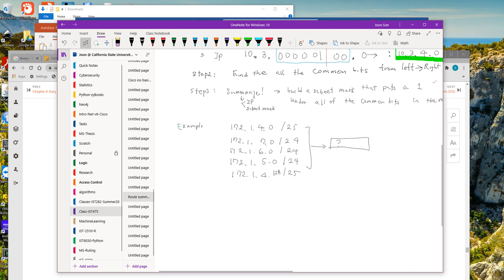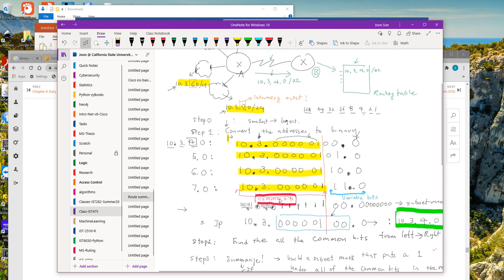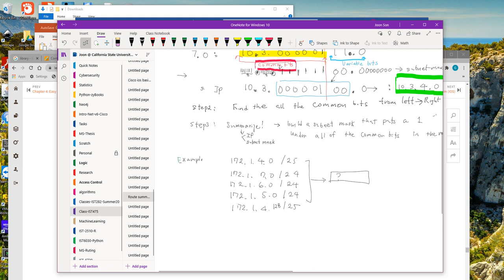Okay, so if you look at these IP addresses, maybe I should add one more step: to do this you have to find the interesting octets. That way you don't have to convert all of the IP address to binary, you only convert the interesting portion. First, look at these IP addresses.